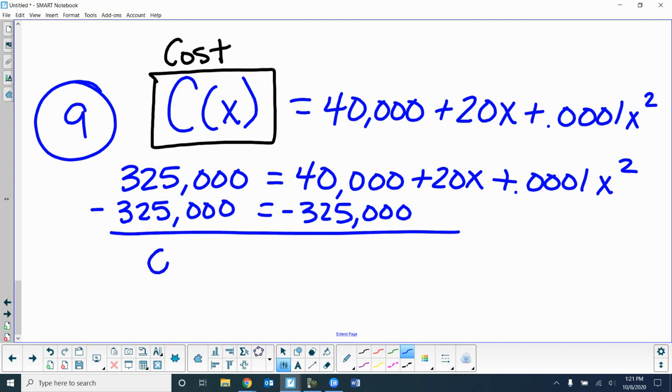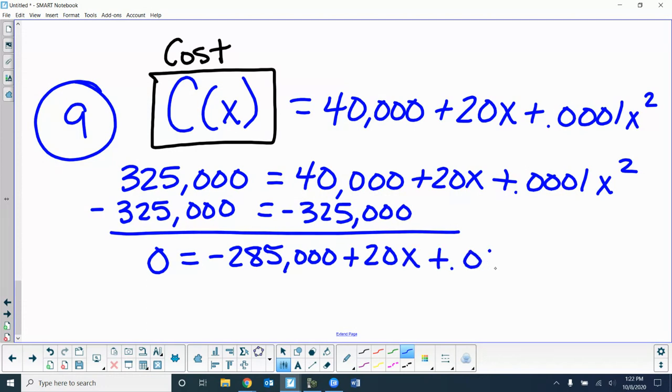So I got 0 equals negative 285,000 plus 20x plus 0.0001x squared. Does that make sense? Now, what's my A? Yeah, the A's at the other end.